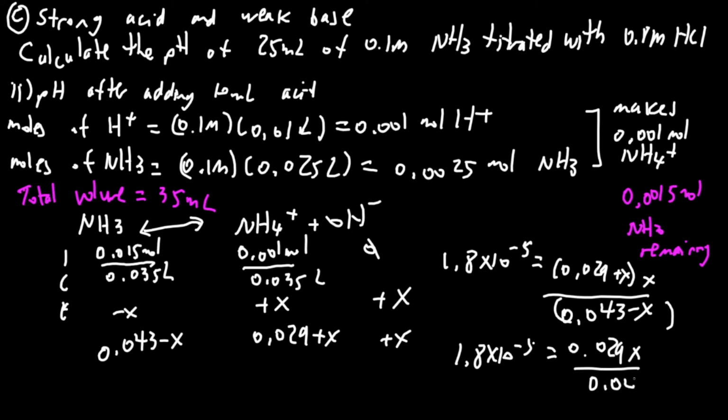When you solve, you're going to get x equals 2.67 times 10 to the negative 5. Plugging this into pOH, you're going to get pOH equals 4.57. And using the pH formula, you're going to get pH equals 9.42.